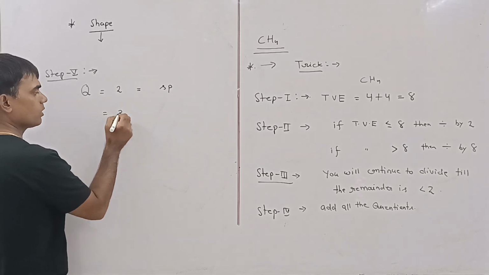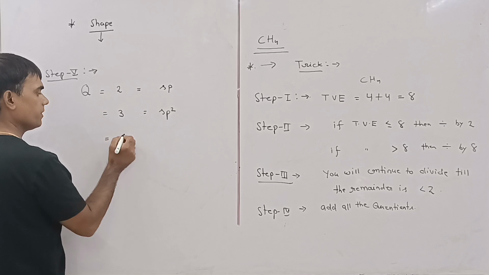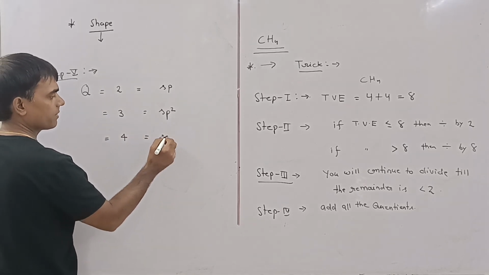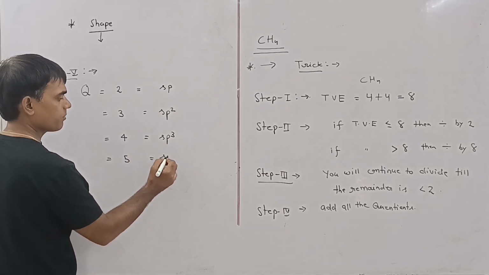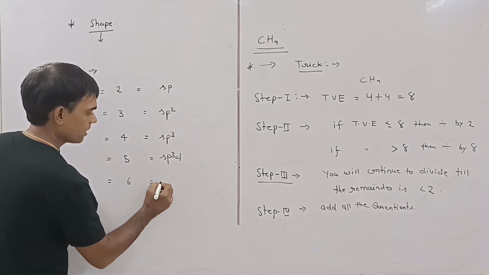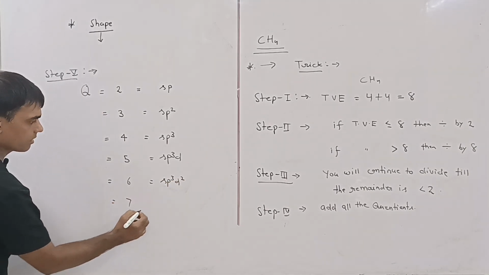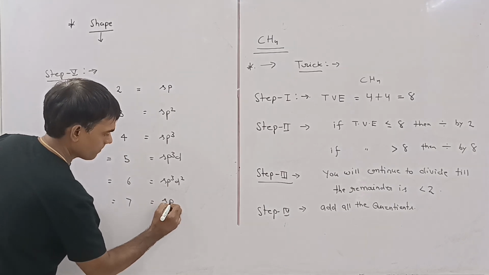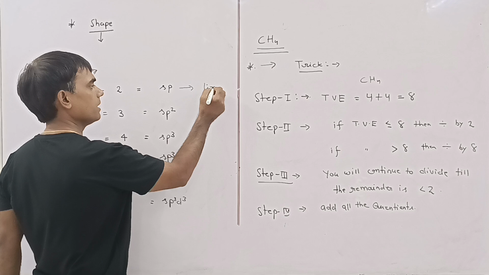If it is equal to 3, the hybridization is sp2. If it is equal to 4, the hybridization is sp3. If it is equal to 5, it is sp3d. If it is equal to 6, sp3d2. And if it is 7, then sp3d3.